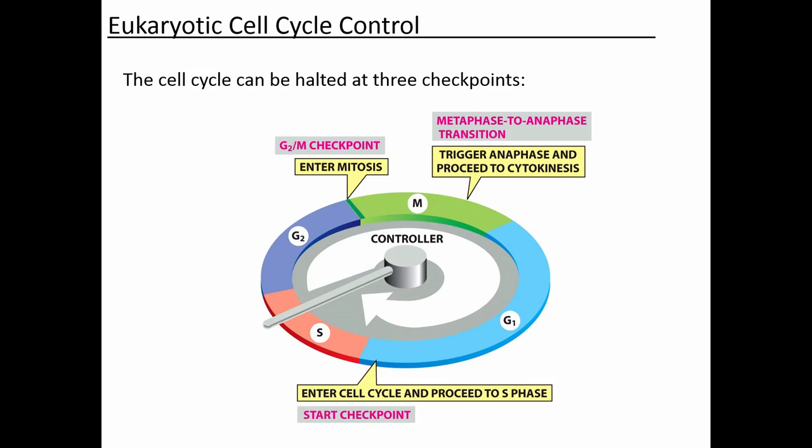Okay, so in the start checkpoint, one of the questions that may be asked is, is the environment favorable for division? And if the environment is not favorable for division, then the cell is not going to progress into S phase to replicate its DNA. Okay. And then one of the questions that's asked at the G2M checkpoint is, has all the DNA been replicated?